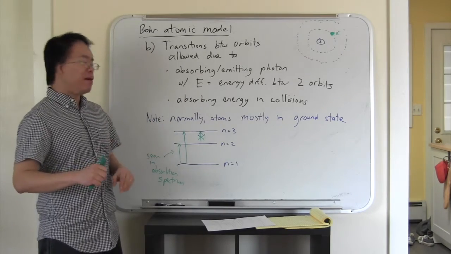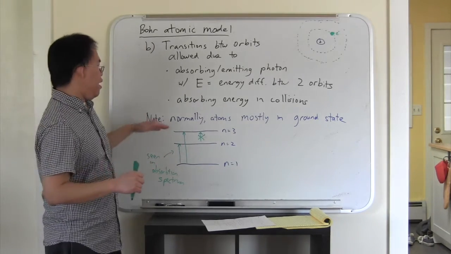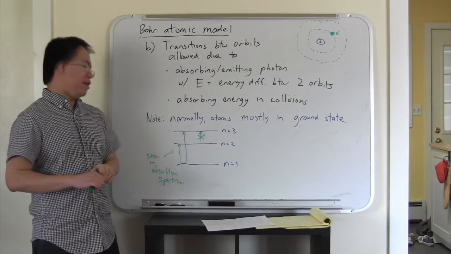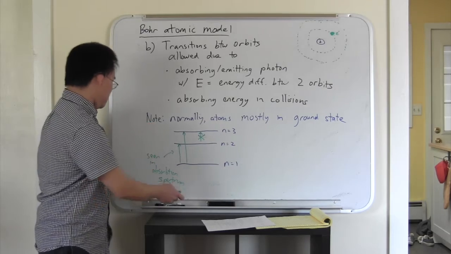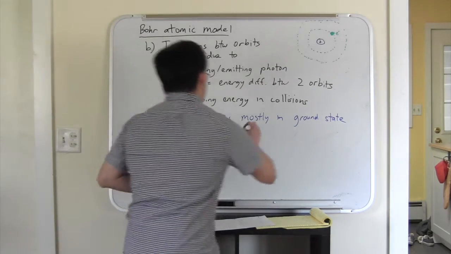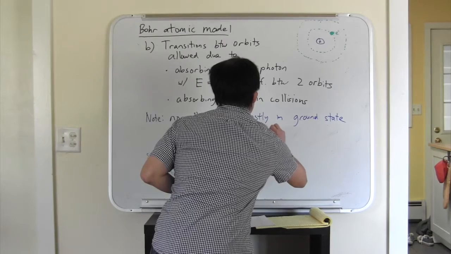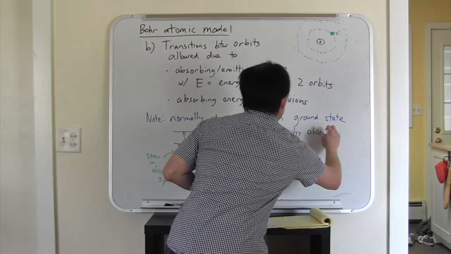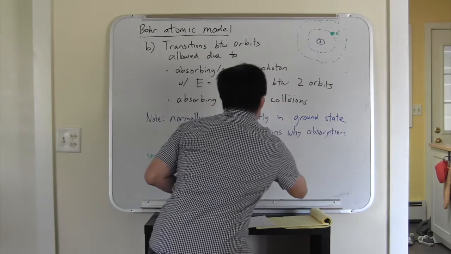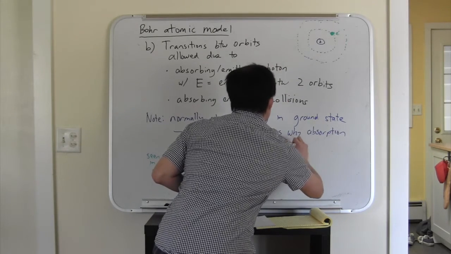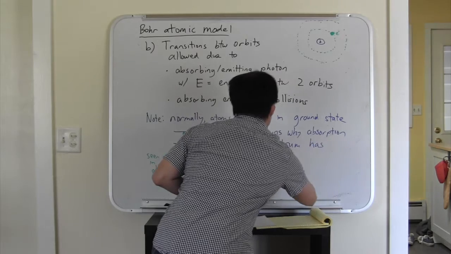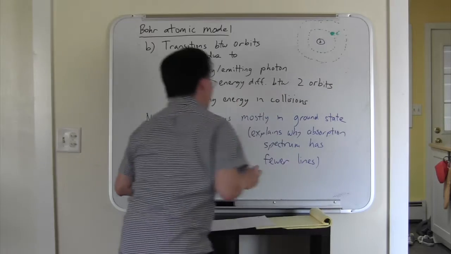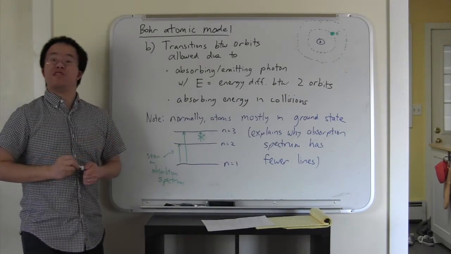So in an emission spectrum, you can perfectly well see a transition that begins at a level higher than the ground state. So this explains why an absorption spectrum has fewer lines than an emission spectrum.